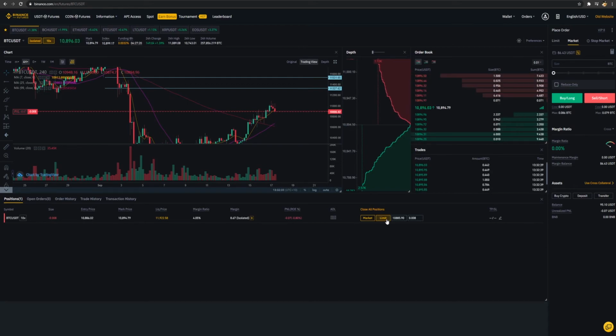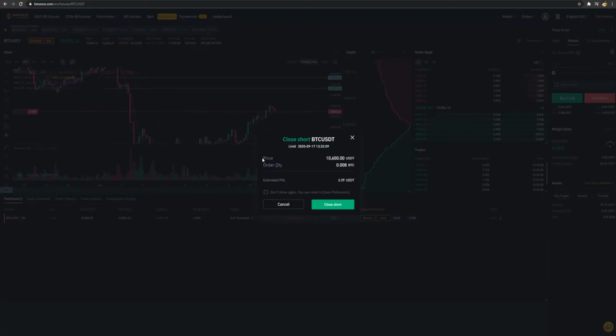Now, closing positions. If you want to close at market, at the number one price on the buy side at the given time, you can press market and that'll close the trade. Then you can type in your price for a limit close as well. For example, if we want to close at 10,600, we can press limit and close this trade at 10,600.